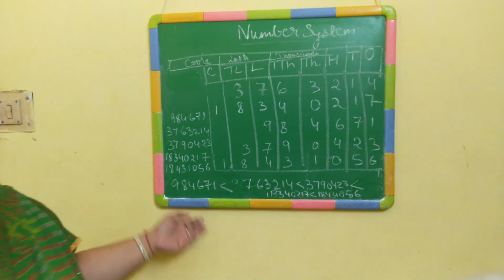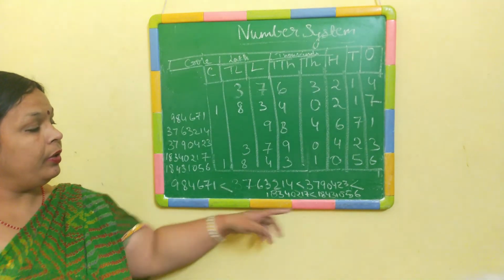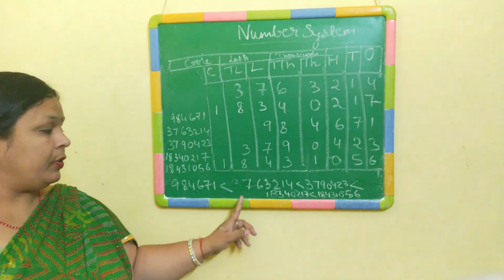Clear. So we have arranged it in ascending order. In descending order, we will reverse the series with the reverse sign.